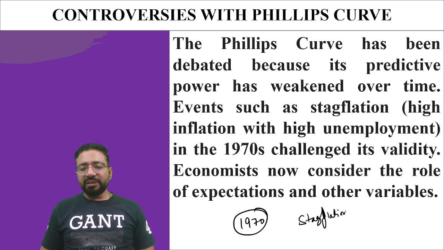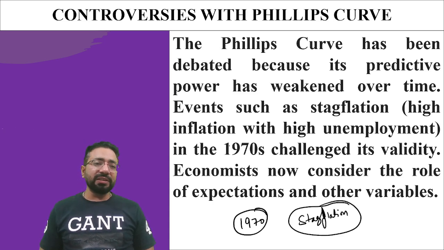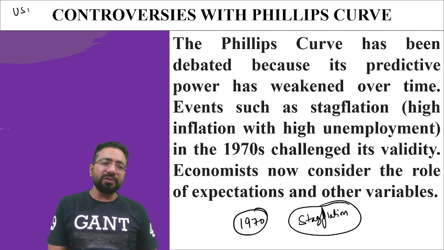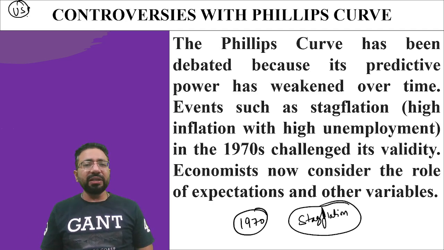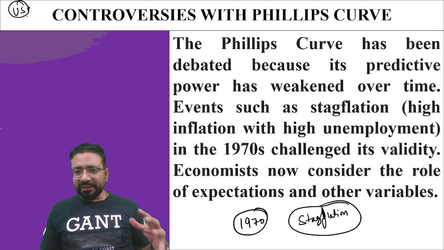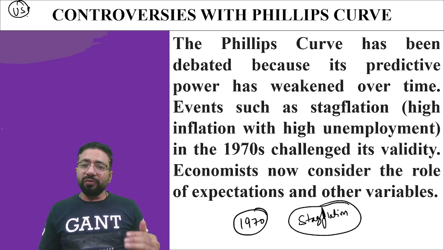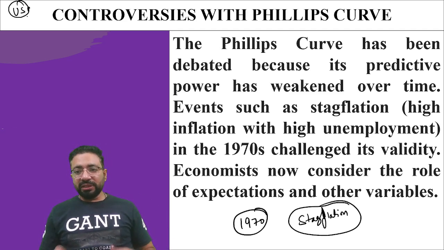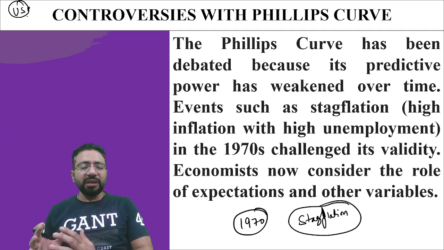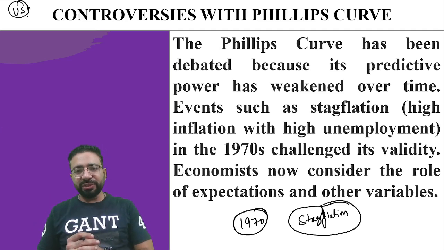Stagflation took place in the U.S. economy, the United States of America economy, and it took place over several years. Stagflation is a situation where the rate of unemployment is high as well as the rate of inflation. There, the Phillips curve failed to meet expectations.